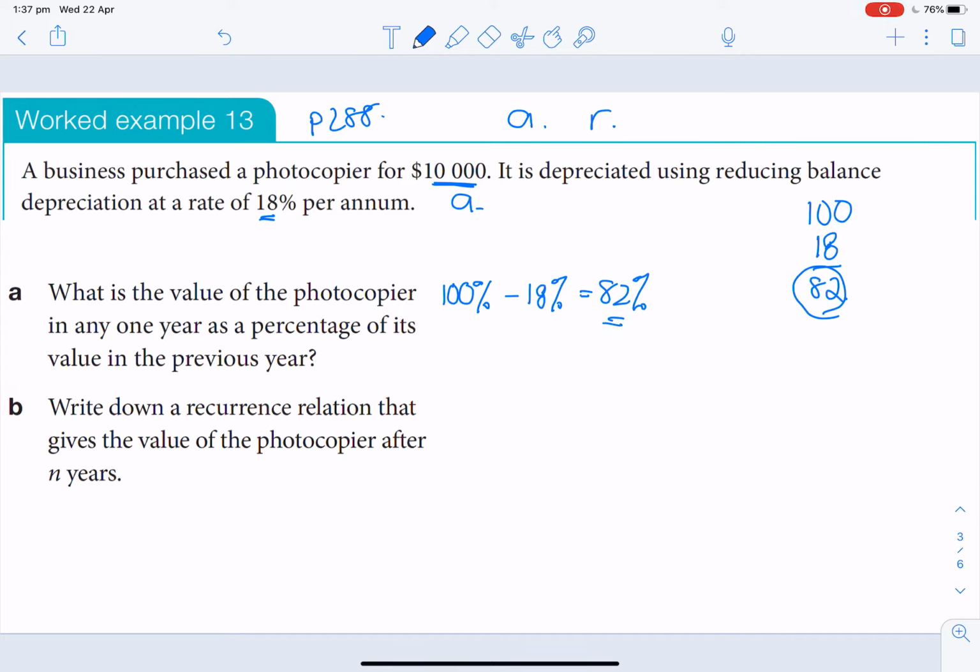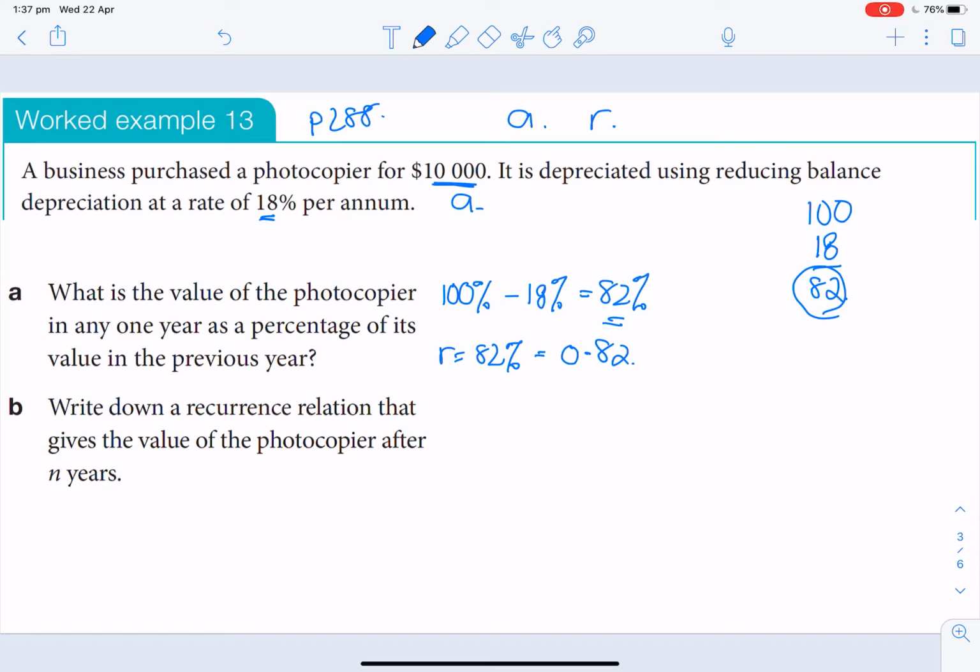And part B, write down a recurrence relation that gives the value of the photocopier after n years. So all I'm going to do is convert my 82% into a decimal, and that's my R value.